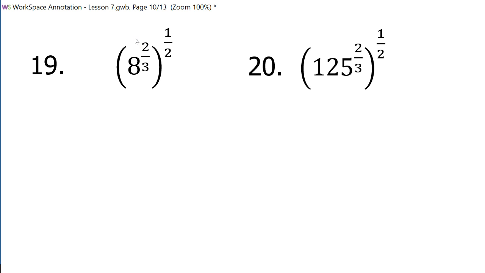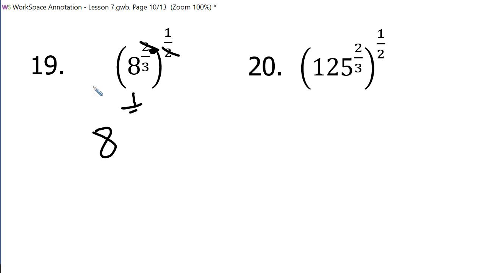So if it's power to a power, what do you do with the exponents? Multiply them. So when I multiply them, what happens with those 2's? Those cancel, so this is just 8 to what power? 1/3. Is that simplified? Do I just have one number there? No, so I have to keep going.